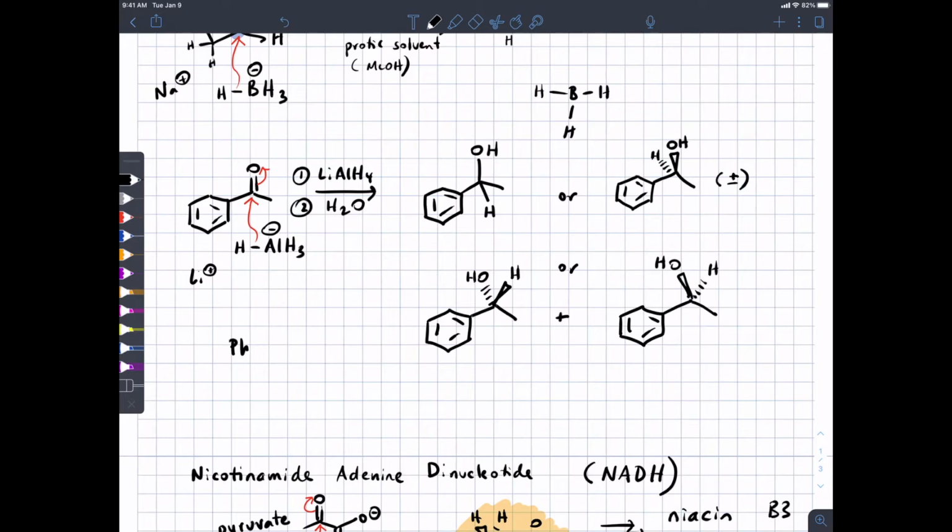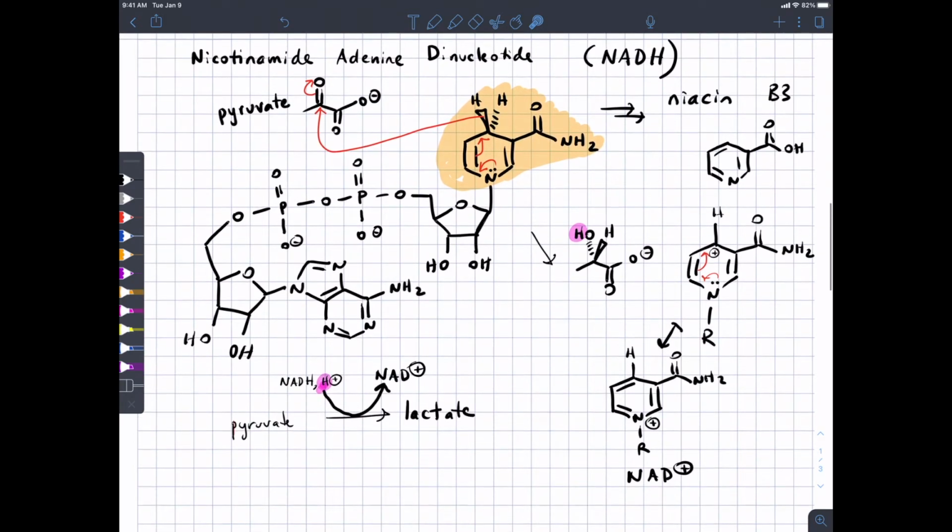If I got the tetrahedral intermediate and then in a second step, I add water to protonate that, isn't that also going to mess with the lithium aluminum hydride? Yes. So you have to do it slowly and on ice and under an inert atmosphere to prevent problems. Yep, but you don't care because the reaction's done. In the case of biology, this reagent in its NADH and NAD plus forms are perfectly stable in water, so it doesn't matter.